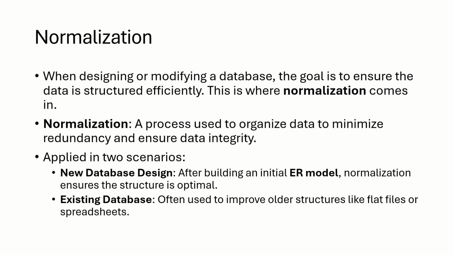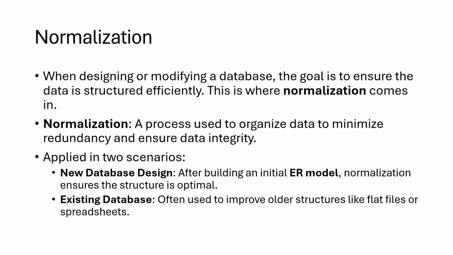It can normally be applied in two scenarios. For example, we're trying to build a new database. Okay, so after we already have the entity relationship model, normalization will happen and ensure the structure is optimal.